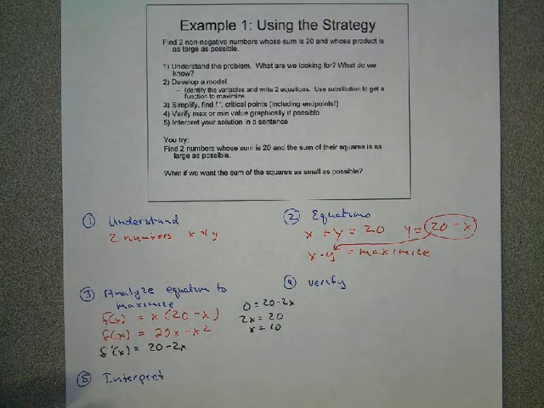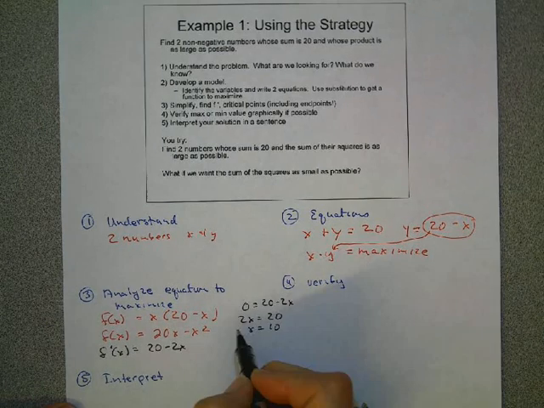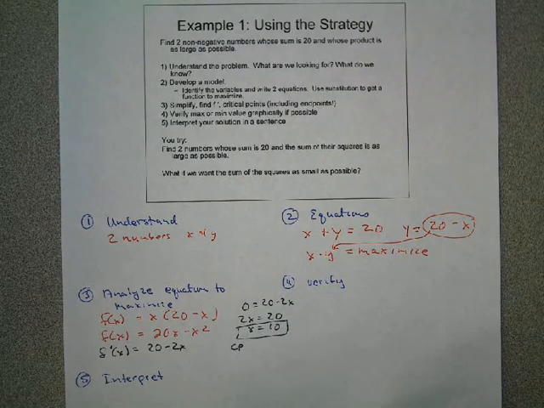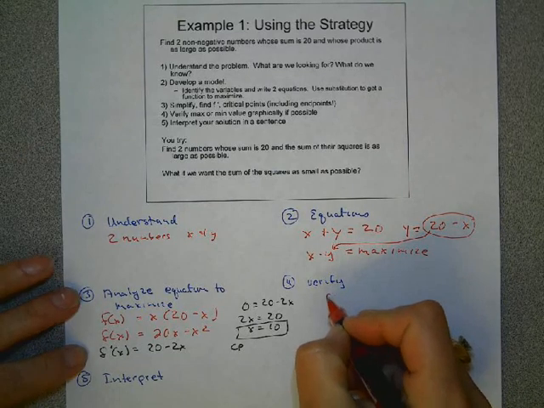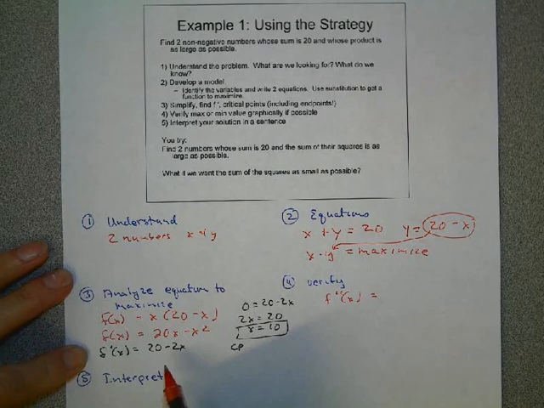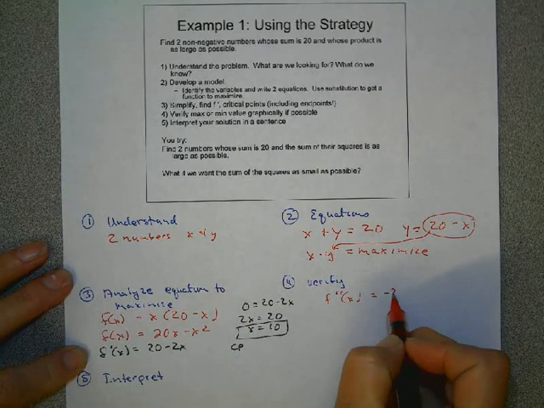Now, we have here a critical point. It might be a max, it might be a minimum. We're hoping it's a maximum, but to verify this we'll take the second derivative. If f prime is 20 minus 2x, the second derivative is just negative 2.